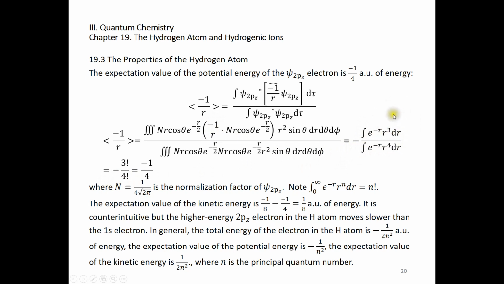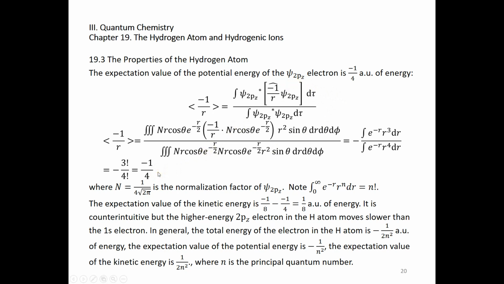How do I evaluate this? One way is to use Wolfram Alpha, but you can also hand derive this. It's possible to just derive this and plug in the values, and then we have -3 factorial over 4 factorial. We'll get -1 over 4. That's the average potential energy of the 2pz electron in the hydrogen atom.